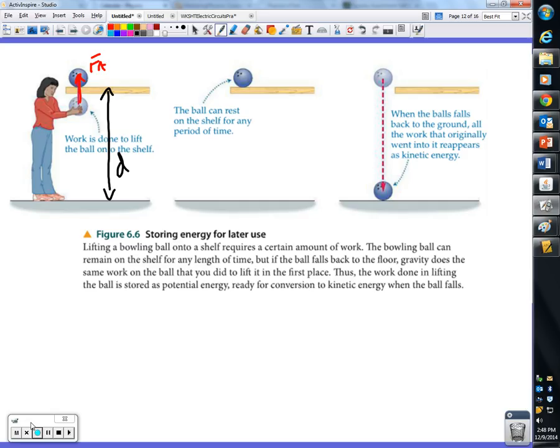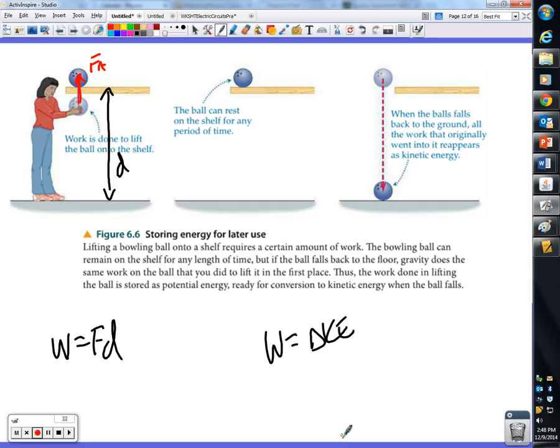According to our definition, has she done work on this object? Yes. However, we just discussed that this is one way to calculate the amount of work done. That's the other way to calculate the amount of work done.